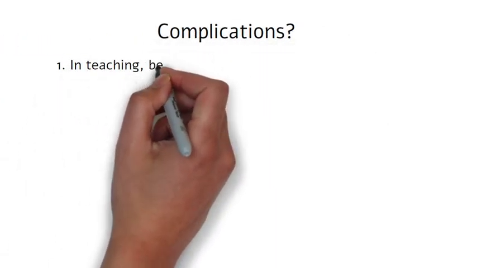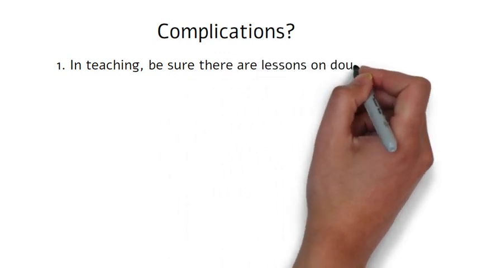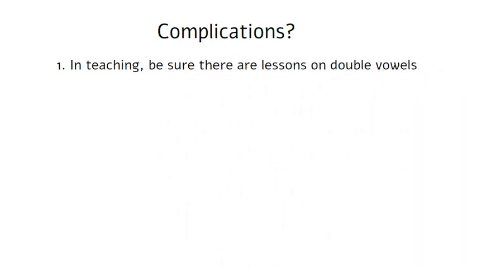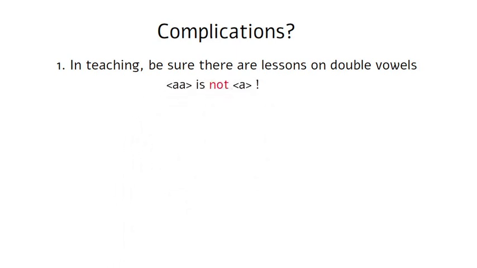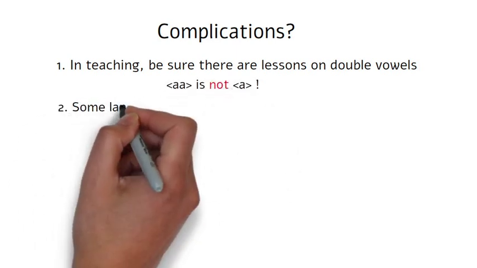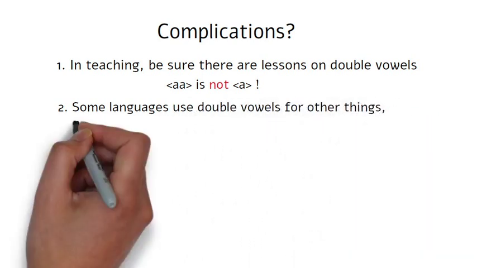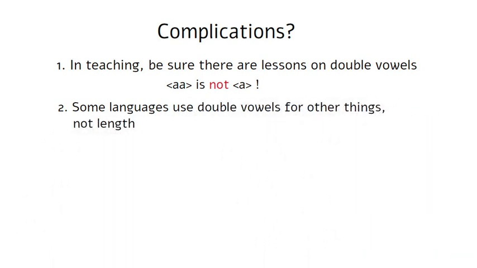Well, in teaching the orthography, you need to make sure there are lessons on double vowels being different from single vowels. It is easy to forget to write two vowels. Also, it is not common, but some languages use double vowels for other things, not just length.